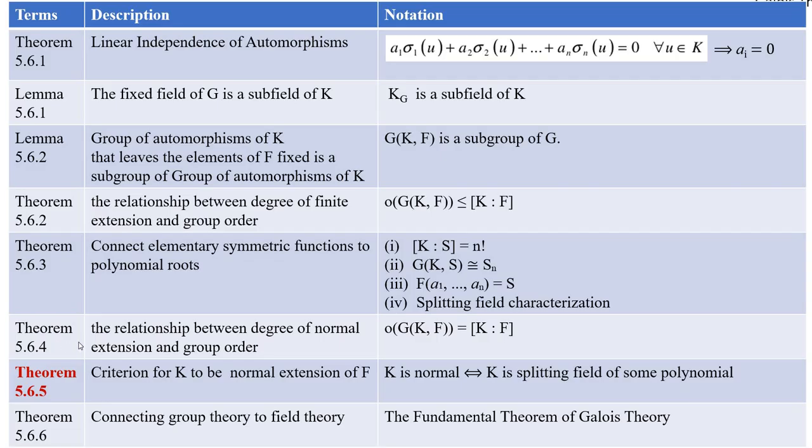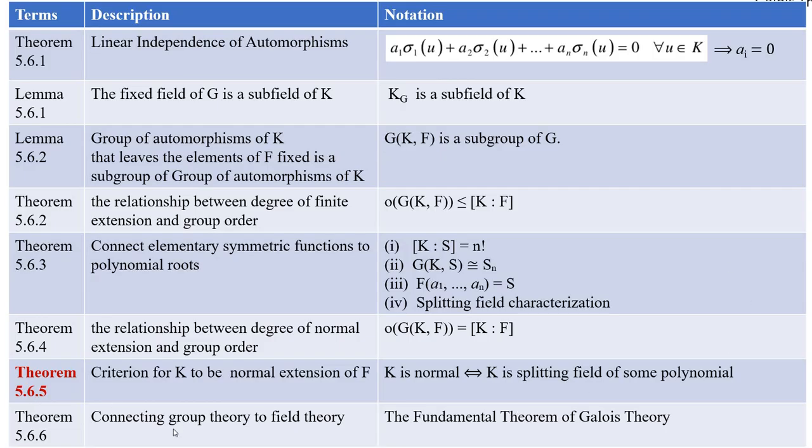Now, next theorem is the relationship between degree of normal extension and group order. So, the relationship between the degree of normal extension and group order of G(K/F) is less than or equal to, but when you have K to be the splitting field.